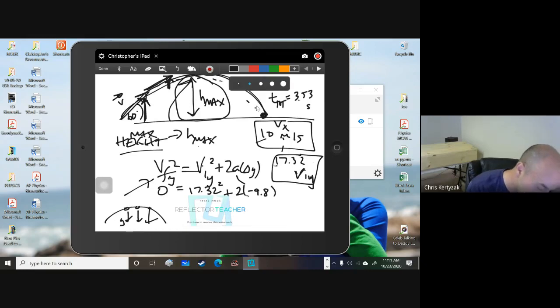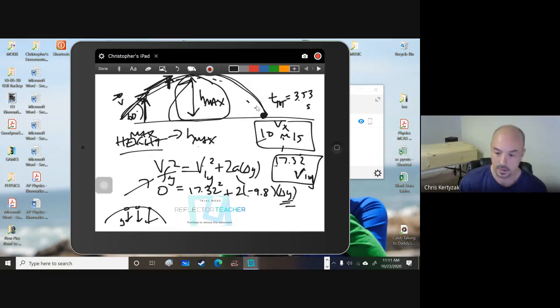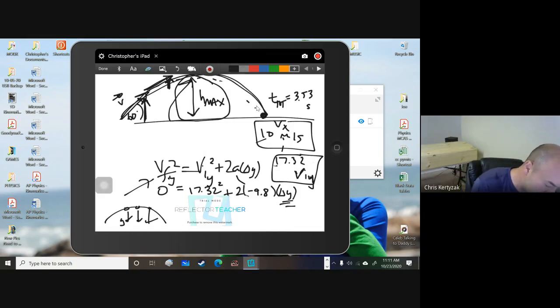And so the last step now would be to solve for delta y. That's your unknown. So now we're down to algebra, as usual. 17.32 would have to be squared, and then it would have to be moved over to the left side. So let's do that. 17.32 squared, and then move it to the other side.